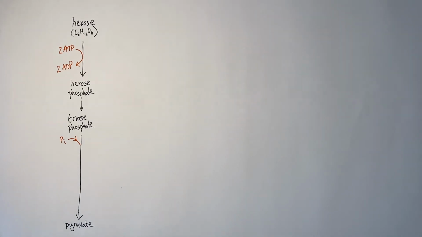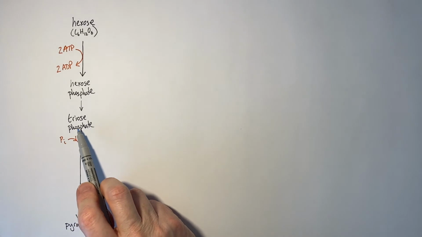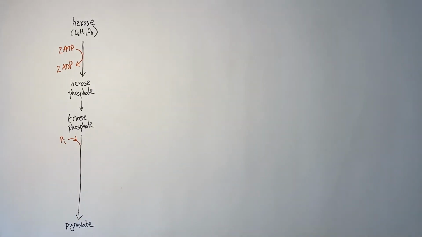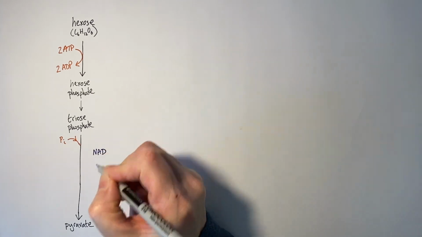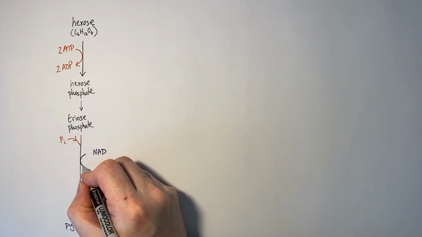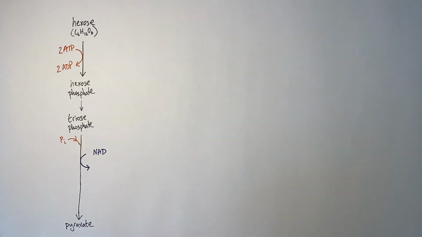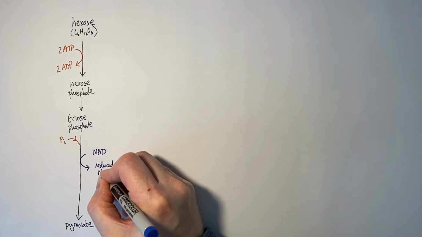The next stage is the removal of hydrogen from the triose phosphate molecules. And those hydrogen molecules are added to the coenzyme NAD. And when NAD picks up the hydrogen, it forms reduced NAD.